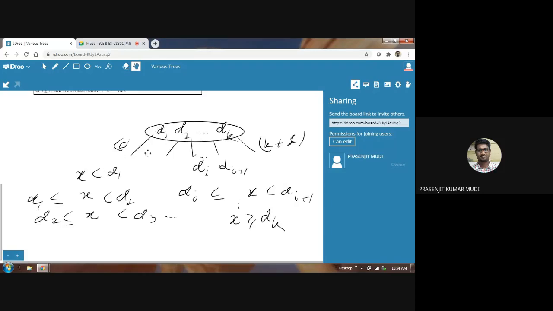The second branch should contain a value x such that it lies between d1 and d2, and so on for the third and fourth branches. The last branch contains a child with a value x greater than dk.